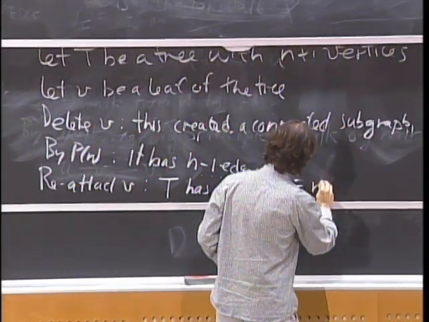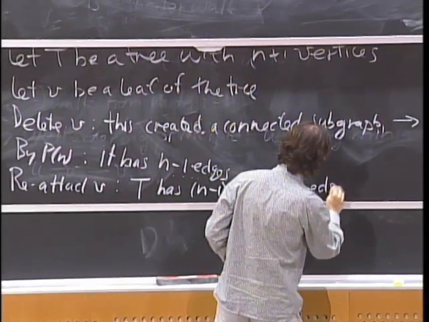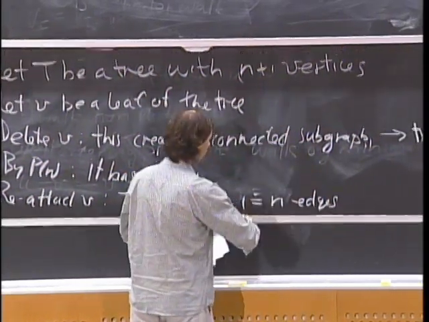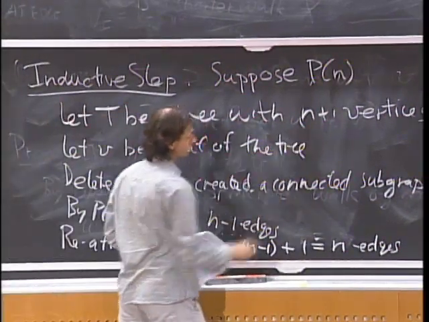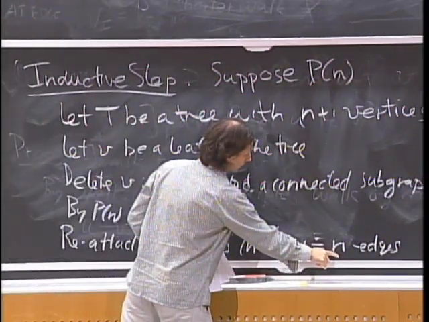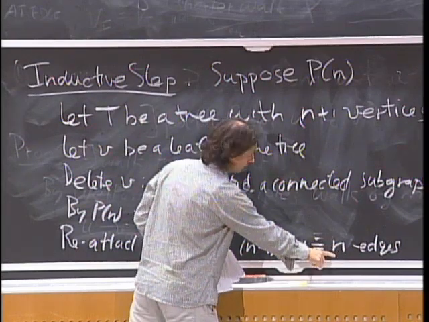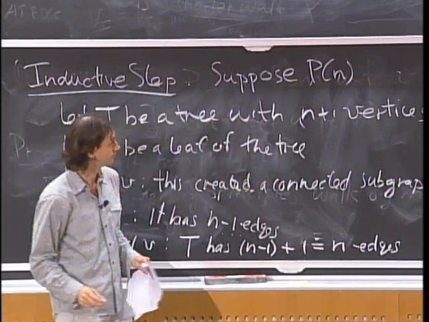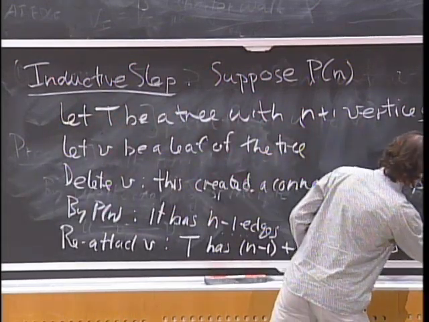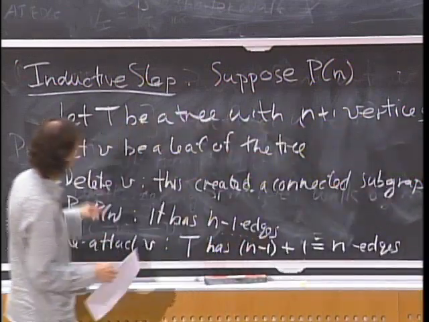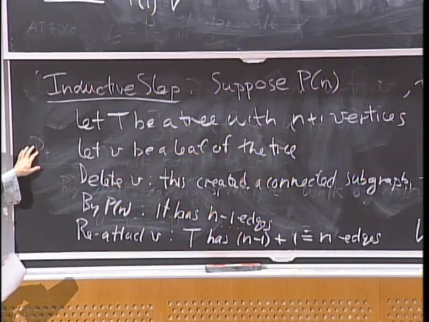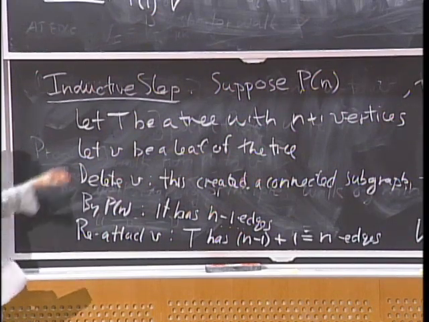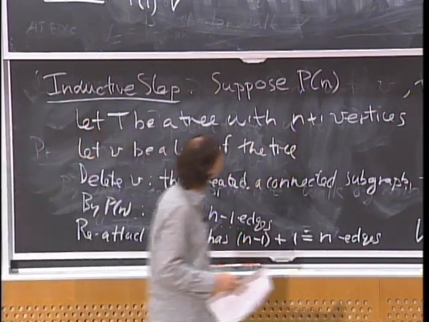So that's altogether exactly n edges. So now we have shown that every such n plus 1 vertex tree has n edges. So now we're done, because this shows Pn plus 1. So this is how the lemma is proved, and in the homework you actually use this.